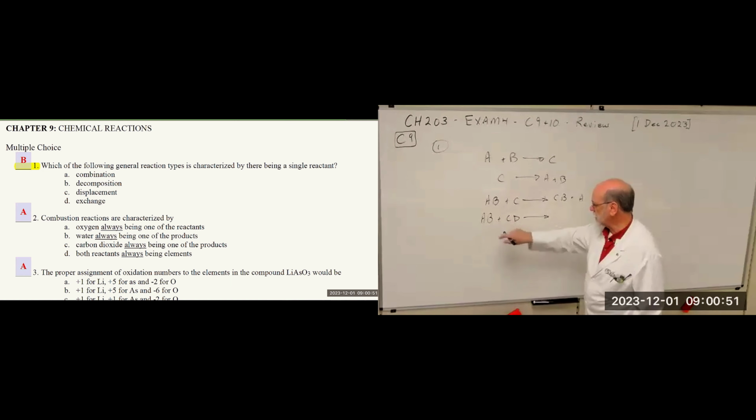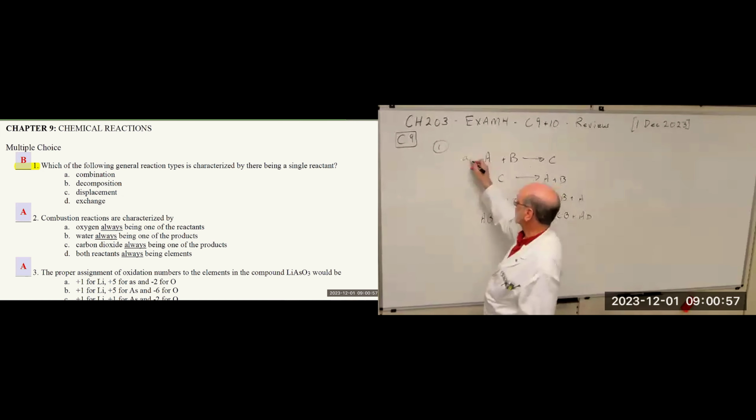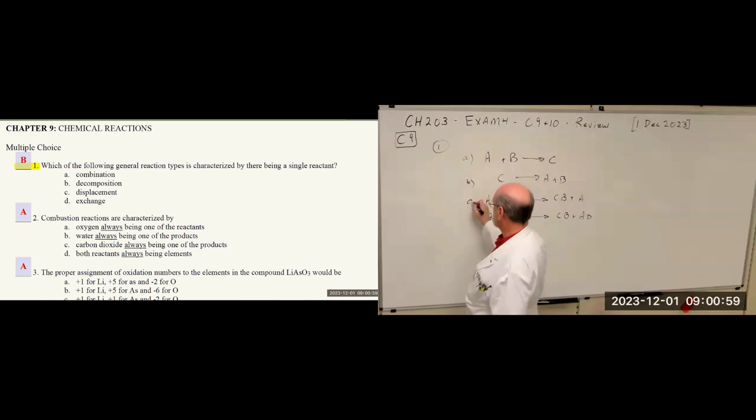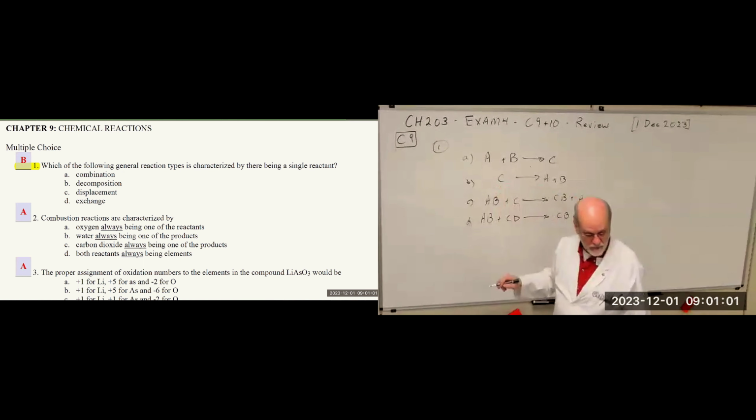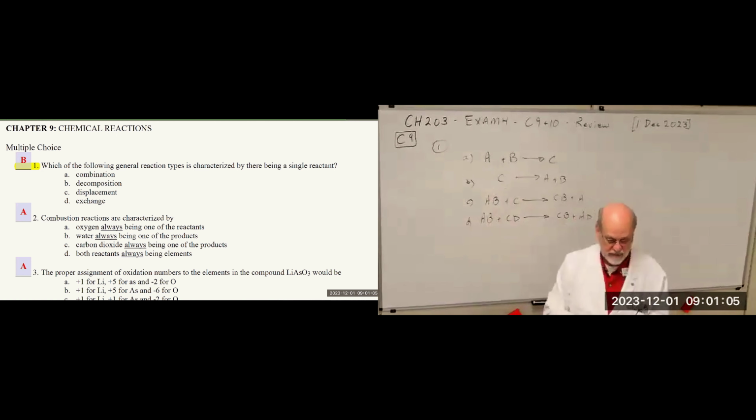Then the A and the C would just swap. So you'd have CB plus AD. So that's A, B, C, and D. That's our only choices. So B only has one reactant, decomposition.